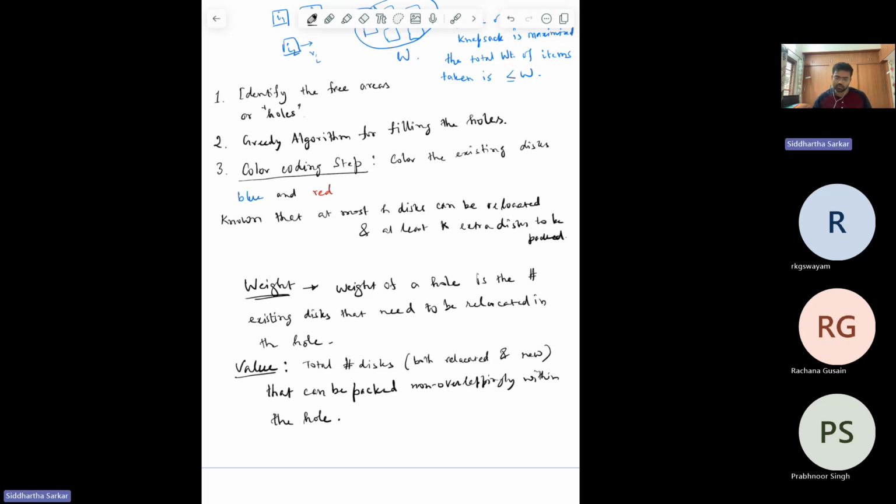And I'll give you one or two minutes to think about how the problem has changed from this domain of packing disks into rectangles into this knapsack problem.